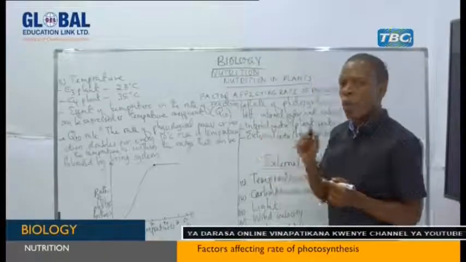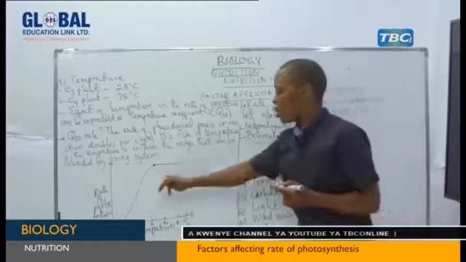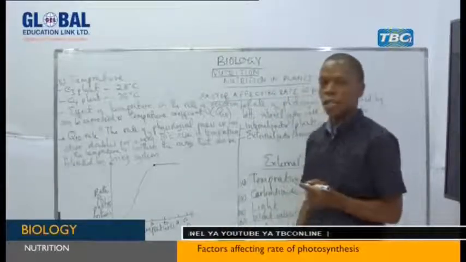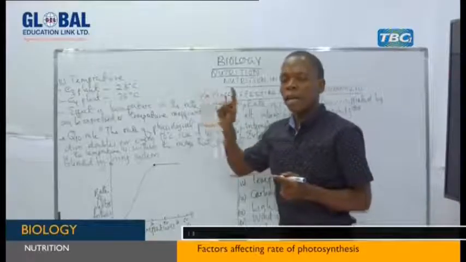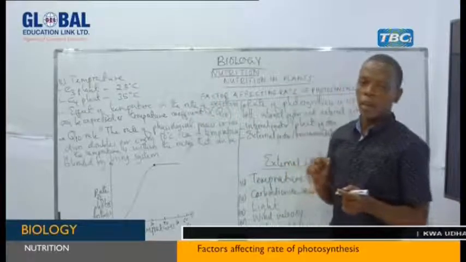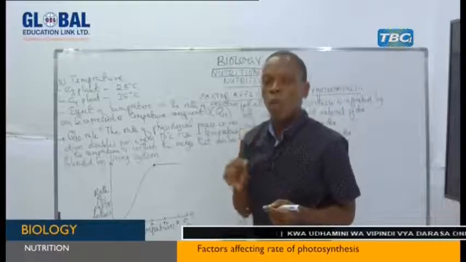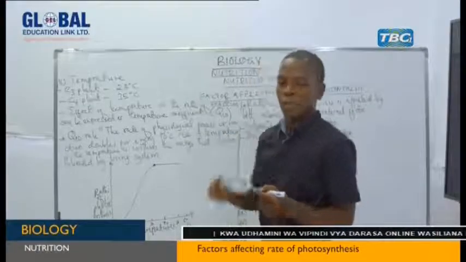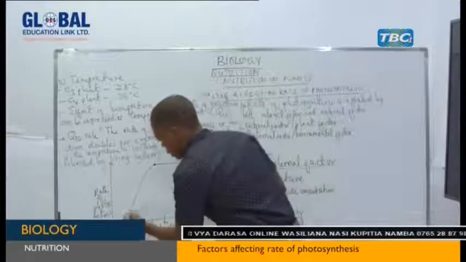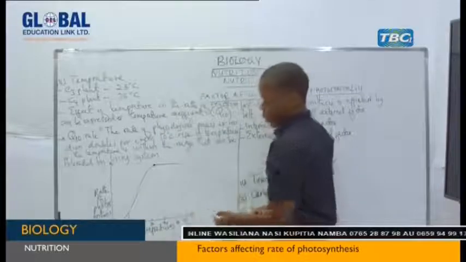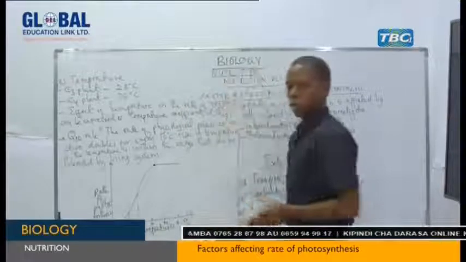When the temperature exceeds the optimum, rate of reaction tends to decrease, because at high temperature, enzymes tend to be denatured. But at low temperature, the rate is too slow because the enzymes are inactive.